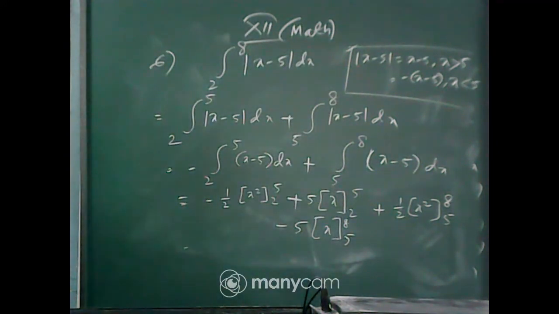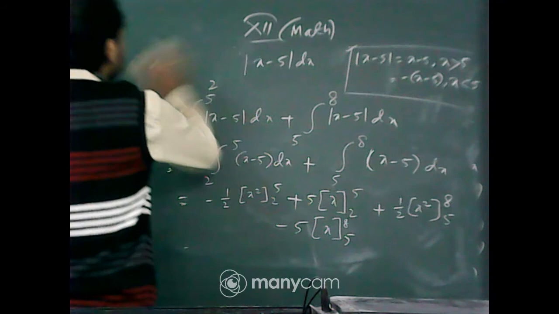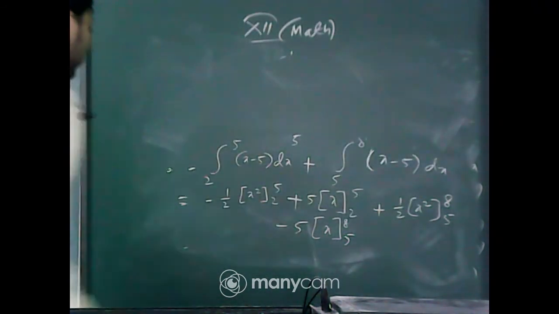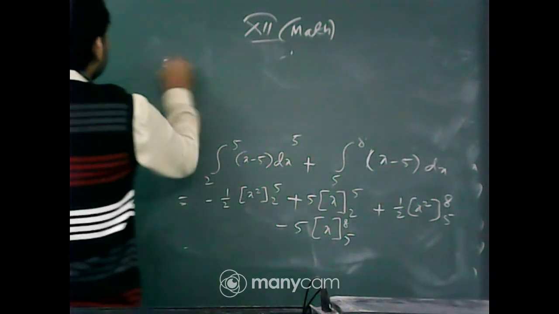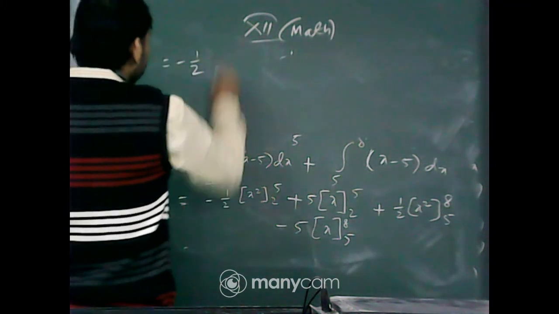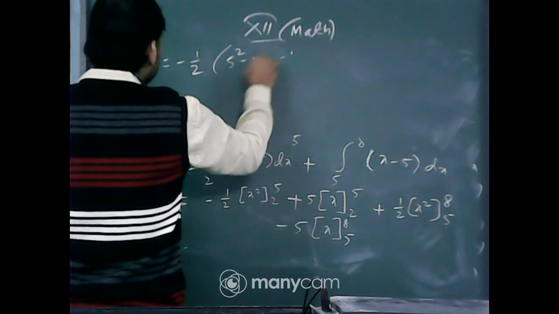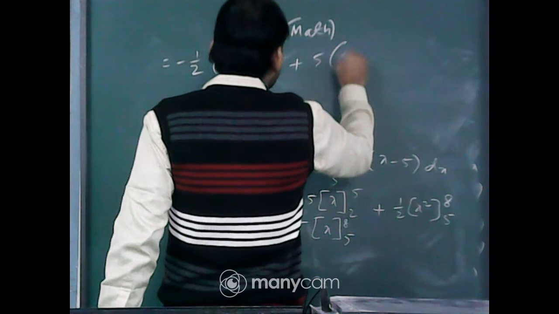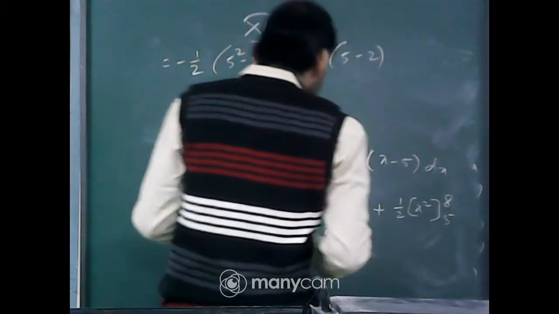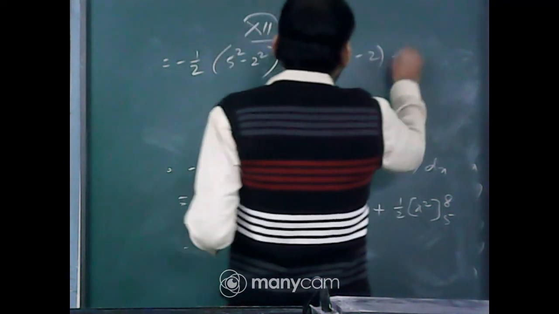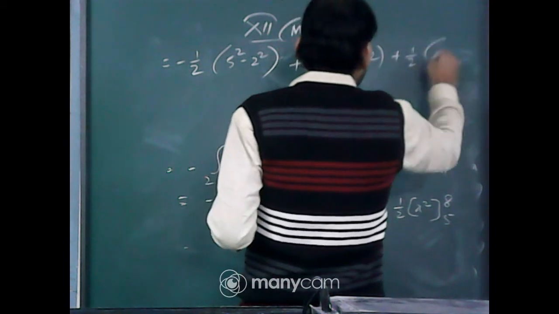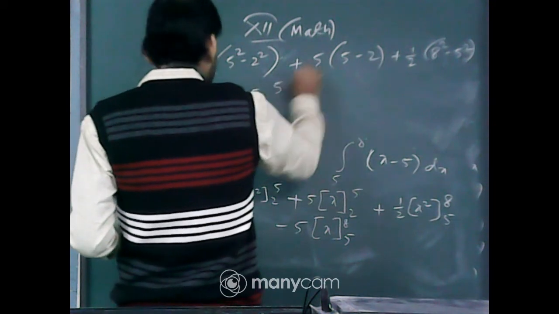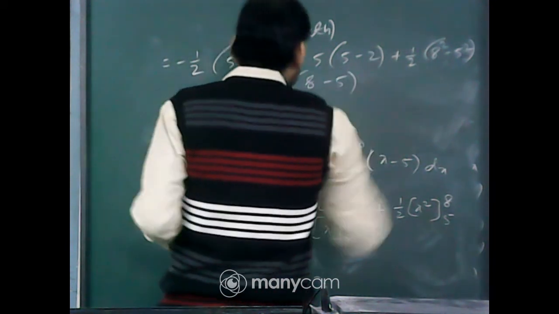Okay. I am erasing the upper portion. Put the limits here. So minus 1 by 2, it will be 5 square minus 2 square plus 5 into 5 minus 2, then plus 1 by 2, 8 square minus 5 square minus 5 into 8 minus 5.